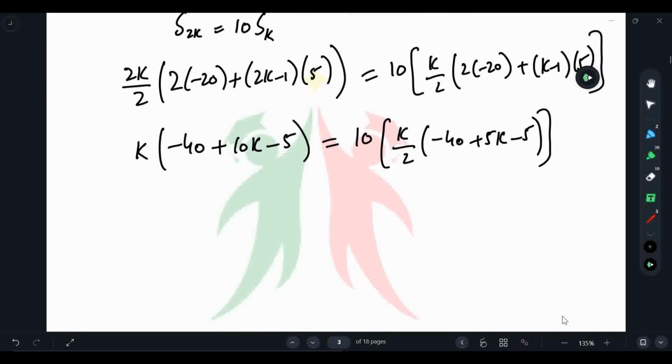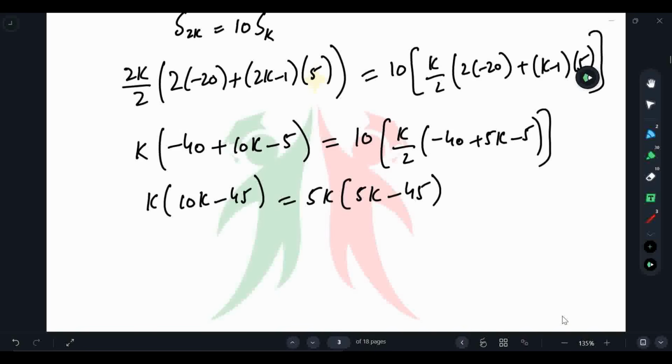Okay, now we can further simplify it as k into 10k minus 45 is equal to 5k into 5k minus 45.